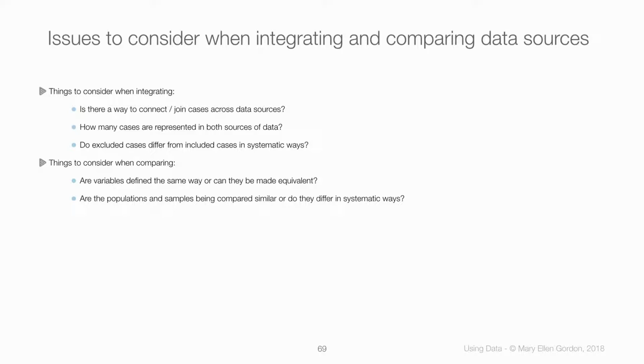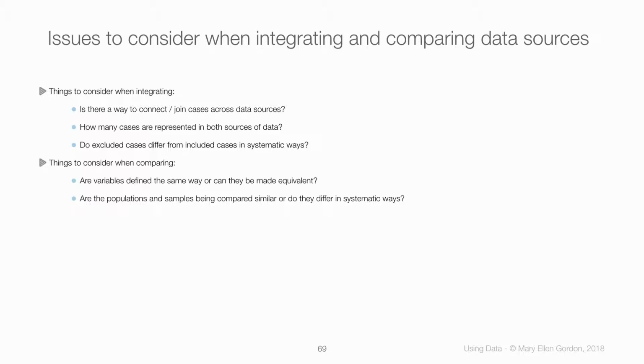Another issue to consider when integrating data sources is whether all the cases are represented in both sources of data, or in all the sources of data if there's more than two. For example, in some cases, we might have survey results that we're trying to integrate with behavioral data, such as how people are using an app or a website, but maybe only a fraction of the people have provided survey responses, whereas we have data for everyone for the app or the web usage.